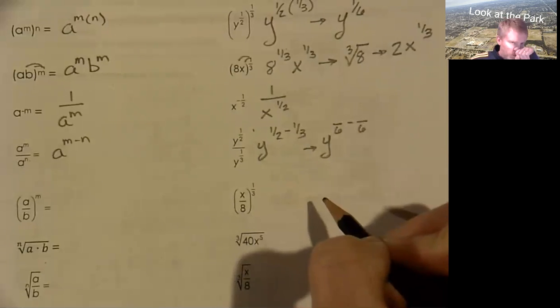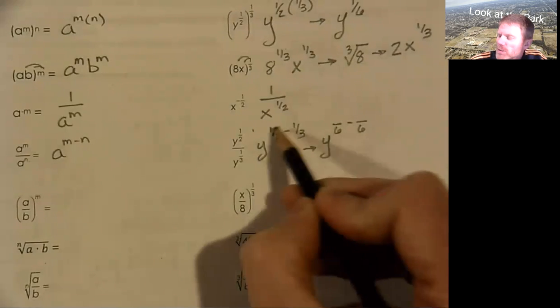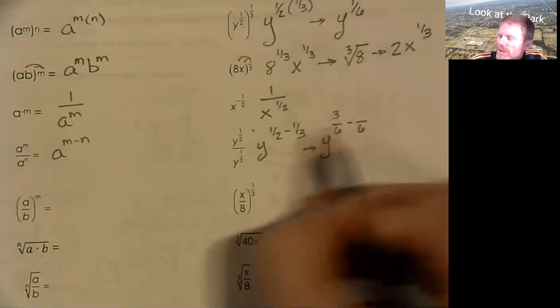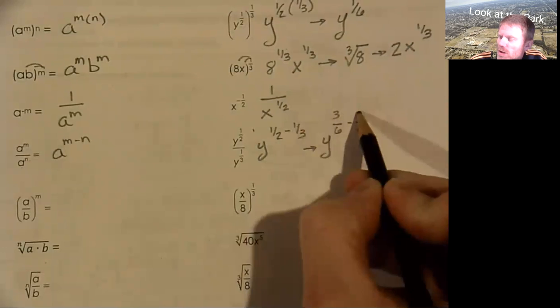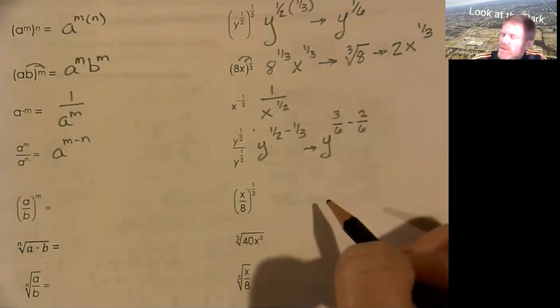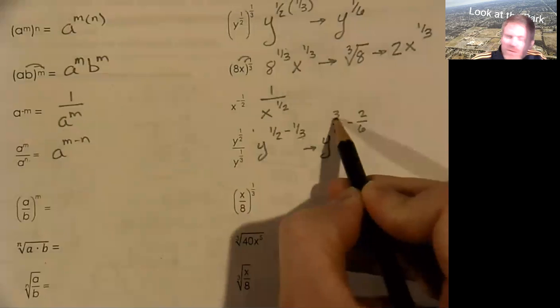So 6 will be our common denominator. To get the 2 to become a 6, you had to multiply the top by 3. To get the 3 to become a 6, we had to multiply the top by 2 also. So 2 times 3 is 6, so 3 times 1 is 3.